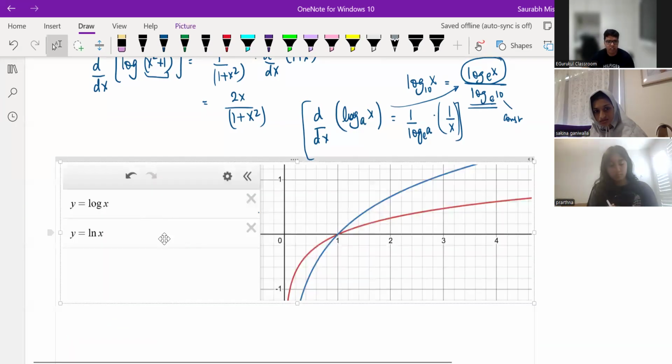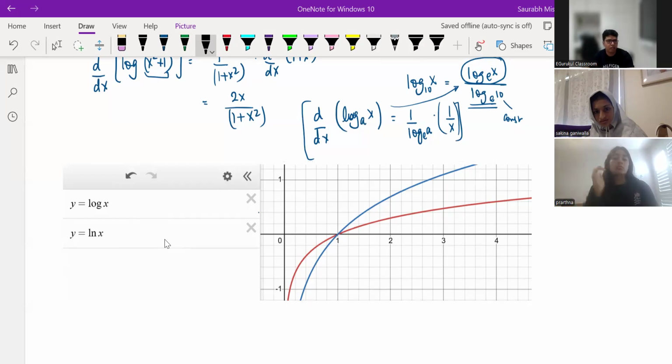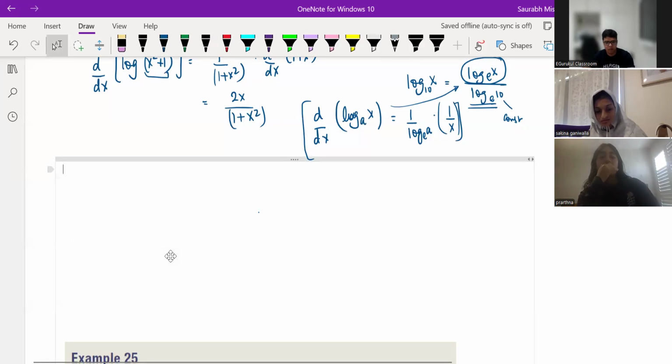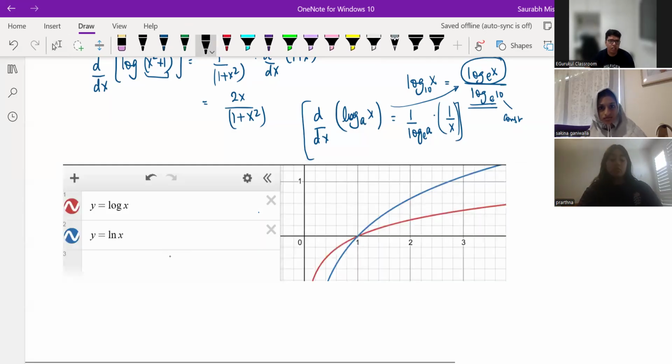So let's look at it. This is base 10, right? Your red one, oh, you can't see which one is the red one. Let me bring it better. See, the red one is log x base 10. This is base 10, right? This is base e.